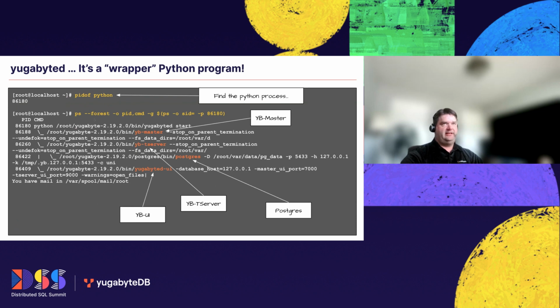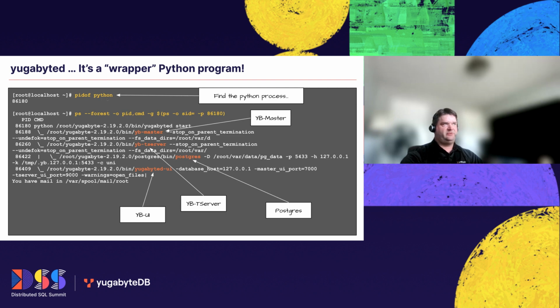So what I wanted to show here is I mentioned that Yugabyted is a wrapper, and to show that, it's actually a Python script running. So if I just do the pid of Python, I can get the process ID of it, and then check out all of the child processes. You'll see that the child processes are YB master, the YB UI, the YBT server, and then Postgres, which is used for the YSQL.